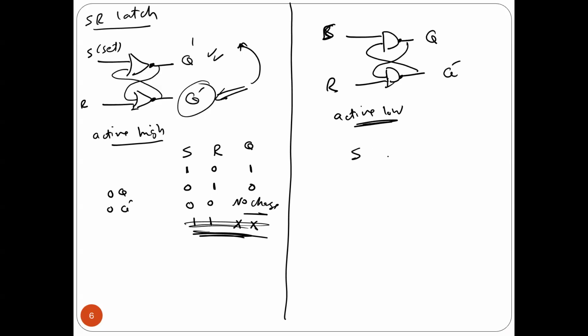So if S is 0 and R is 1, you are setting. If R is 0 and S is 1, you are making a reset. Here 1, 1 means no change. 0, 0 is the forbidden case, because if you put 0, 0, you will get 1, 1, so Q equals Q prime, and this is not allowed.